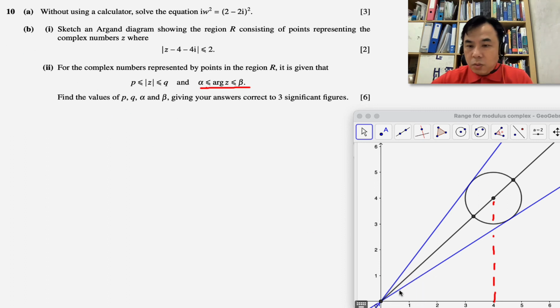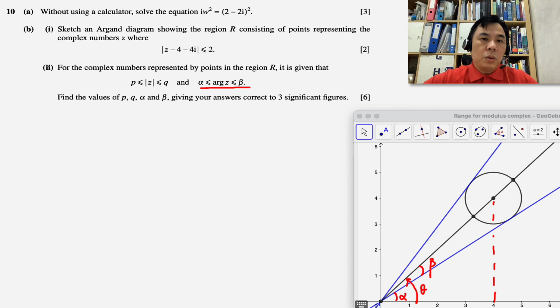We are interested to find alpha, which is this one here. In order to do that, we are going to make use of this angle here. We're going to call that theta.